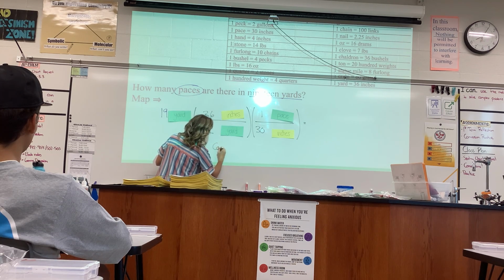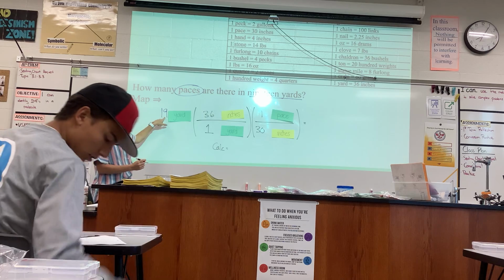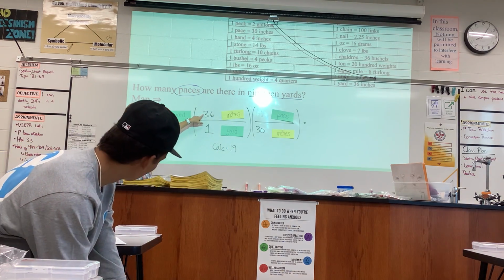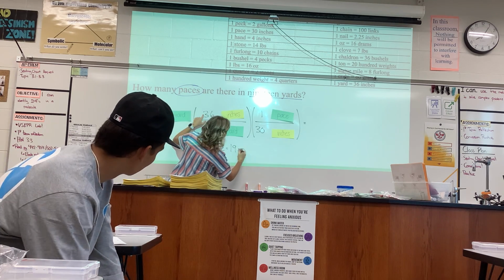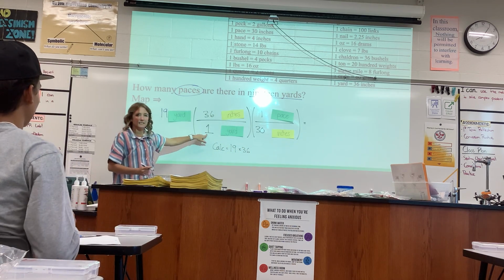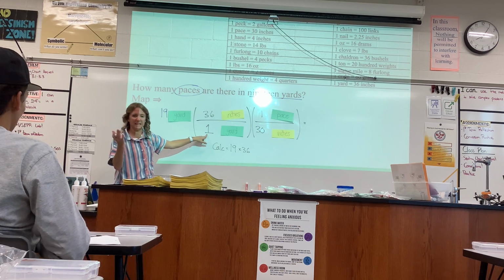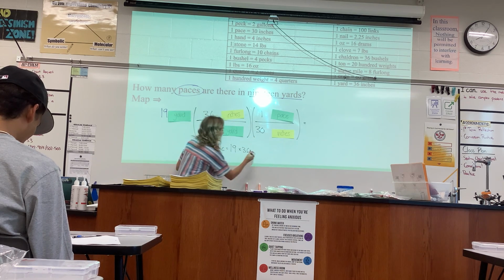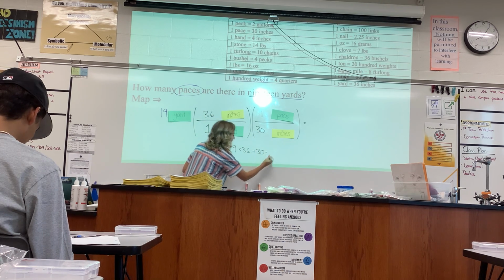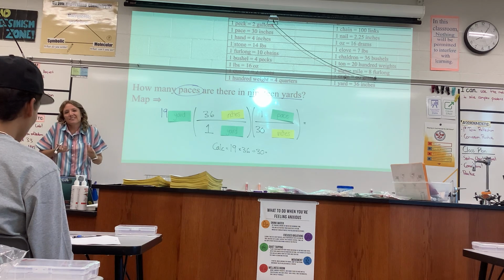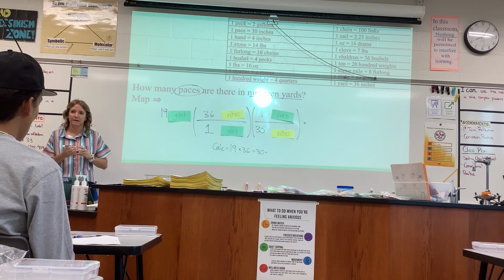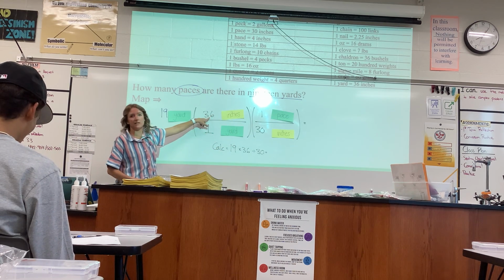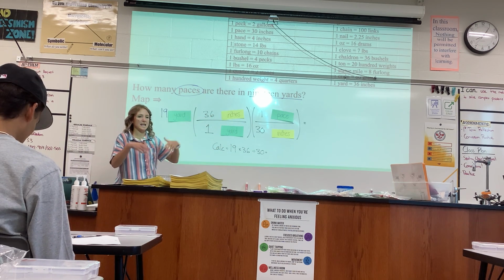So I would type 19. 36 is on top of the fraction, which means it's multiplying, so I times by 36. Ones do nothing mathematically, so I'm going to ignore it. This 30 is on the bottom, so I'm going to divide by it. And then hit equals. Which is just a little simpler than typing in fractions in parentheses. So things on the bottom divide, numbers on the top multiply, and if it's the number 1, ignore it.